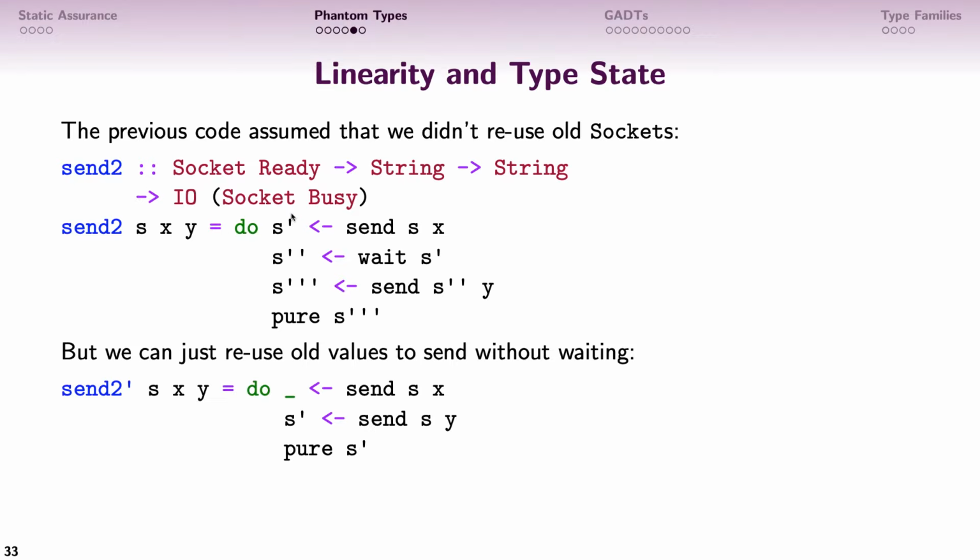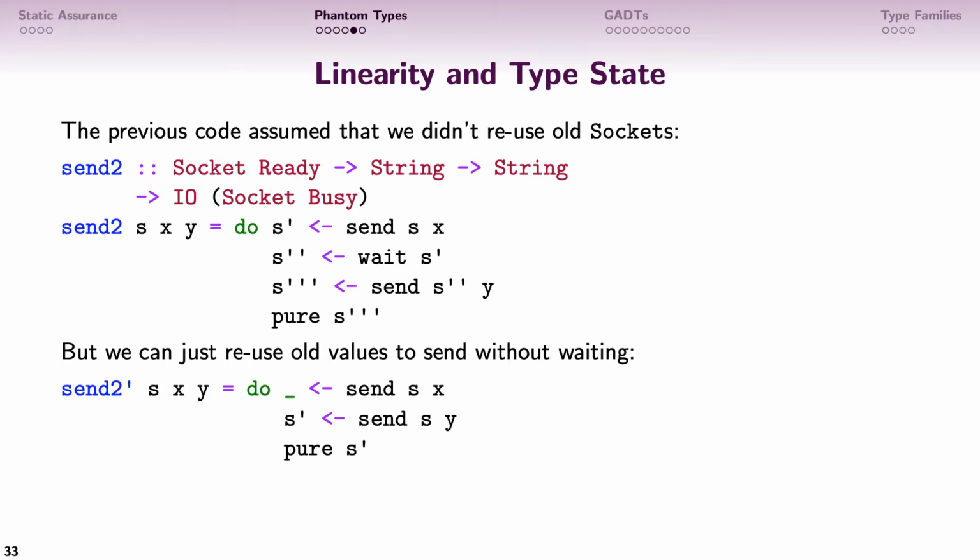But I could also just send on the initial ready socket my first bit of data, throw away the busy socket that I get back, and then send the second bit of data on the same ready socket that I sent the first one on, and then just return the busy socket from that. So here I've violated the invariant that we wanted, that we never send on a socket that we just sent from.